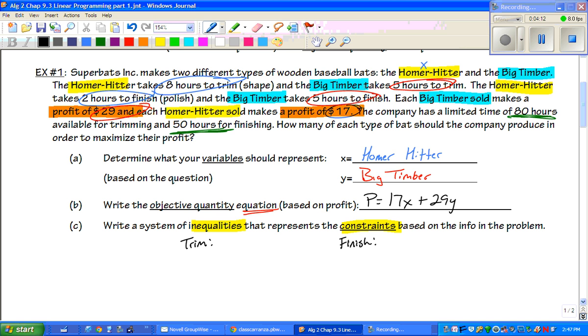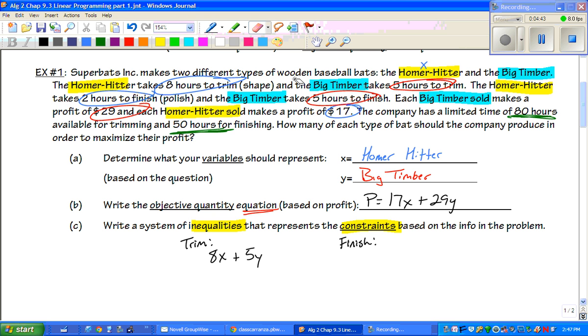So, when we're talking about the trim, let's go up to that sentence. The trim is all the way up here. It takes 8 hours to trim the homer hitter, so 8x, plus 5 hours for the big timber.